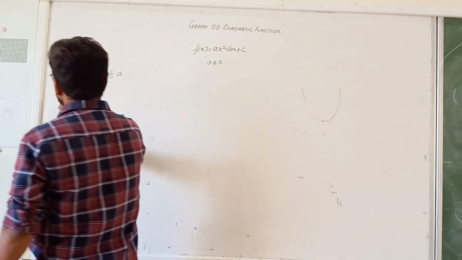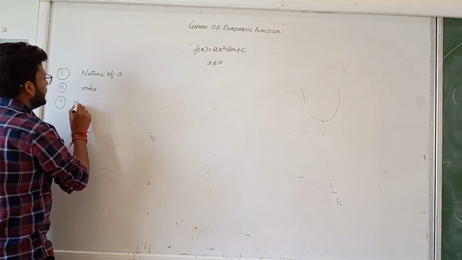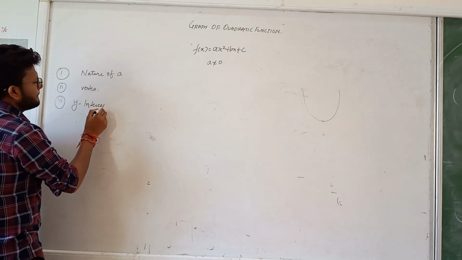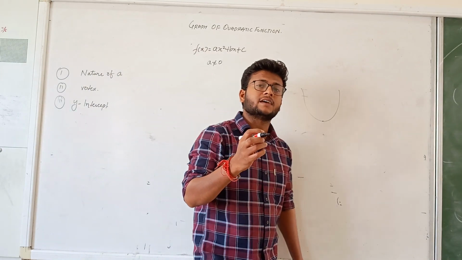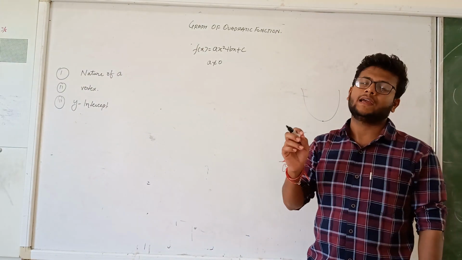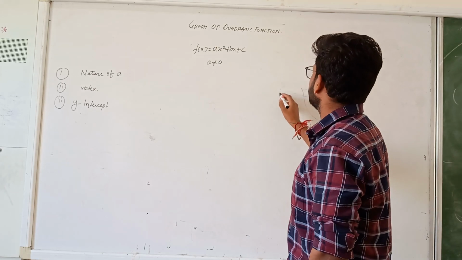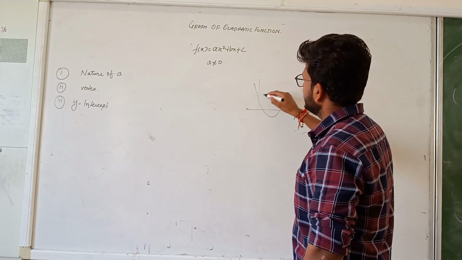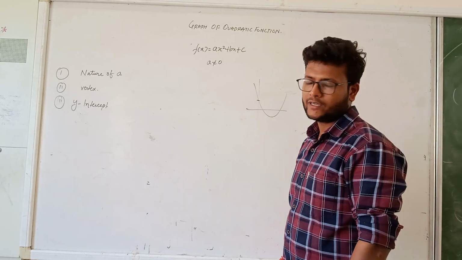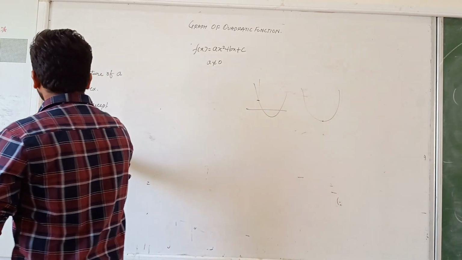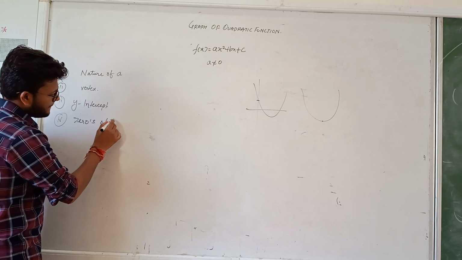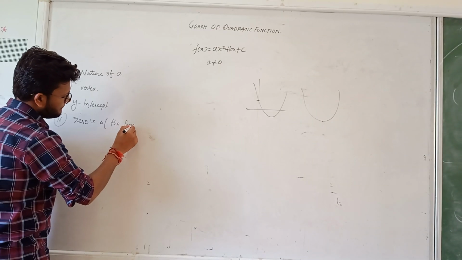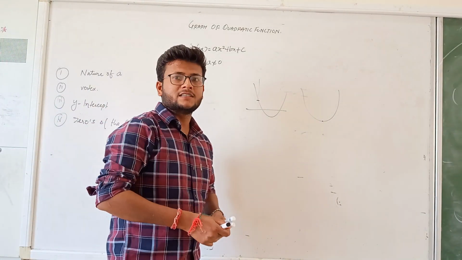Third is the y-intercept, the place where the function cuts the y-axis. Fourth, the zeros of the function. Let us discuss all these things one by one.